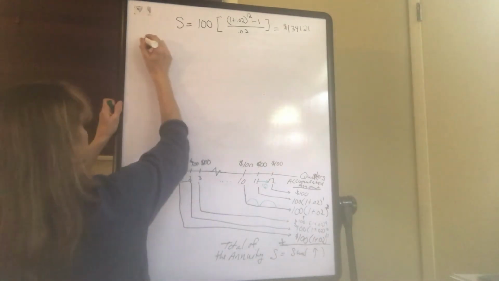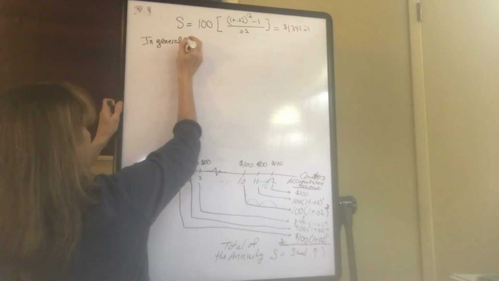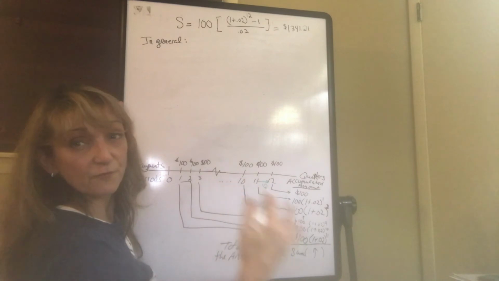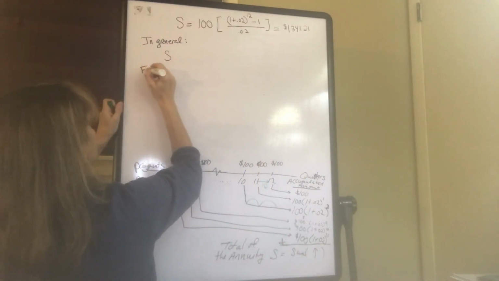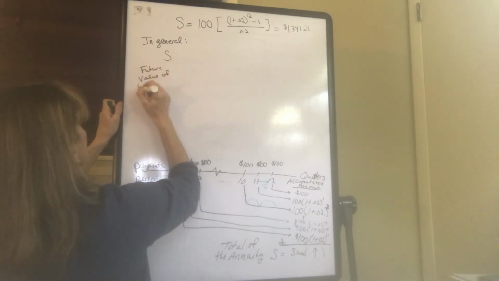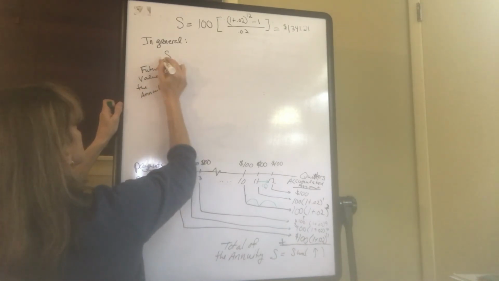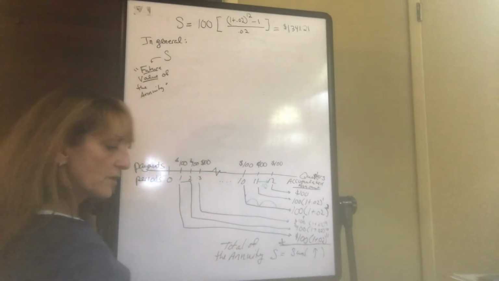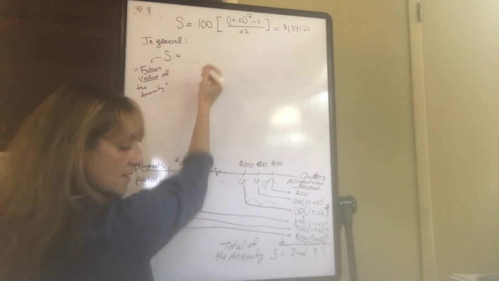So in general, formula, and this sum is what we call the future value of the annuity. So S, the future value of the annuity, is given by this sum.